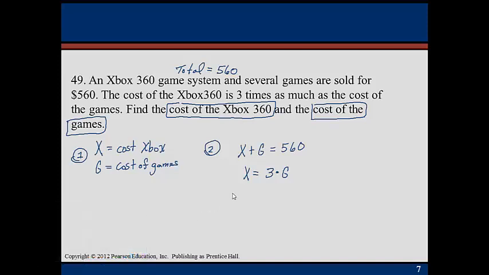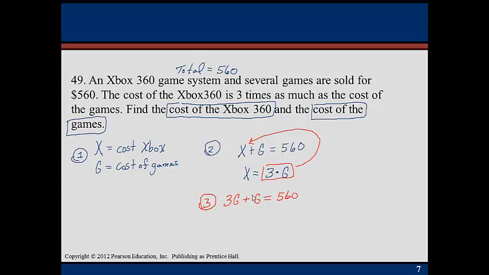So now step 3 was to solve. So again, we're going to take this 3g and replace it in for x. So everywhere you see an x in the top equation, we're going to put in 3g. So it has 3 times g plus g equals 560. Now we can solve this equation for g.